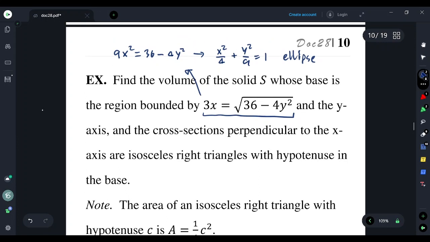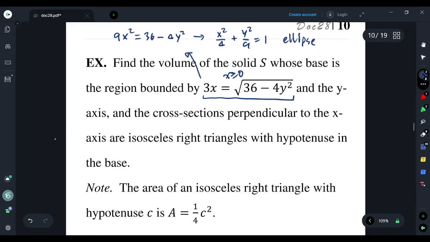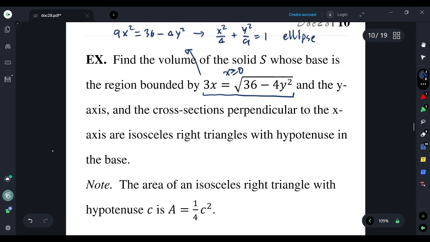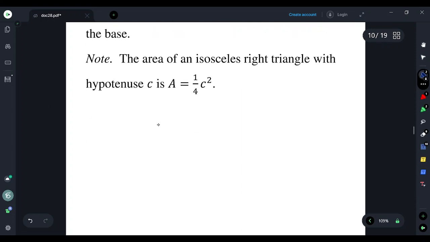You can sketch it, but this ellipse is just half because the equation requires that 3x is positive, right? x has to be bigger than or equal to 0, so it is half the ellipse. It's going to have minus 2 and plus 2 for x squared over 4 plus y squared over 9 equal to 1, and this is going to be 3, and negative 3, and only half where x is positive.